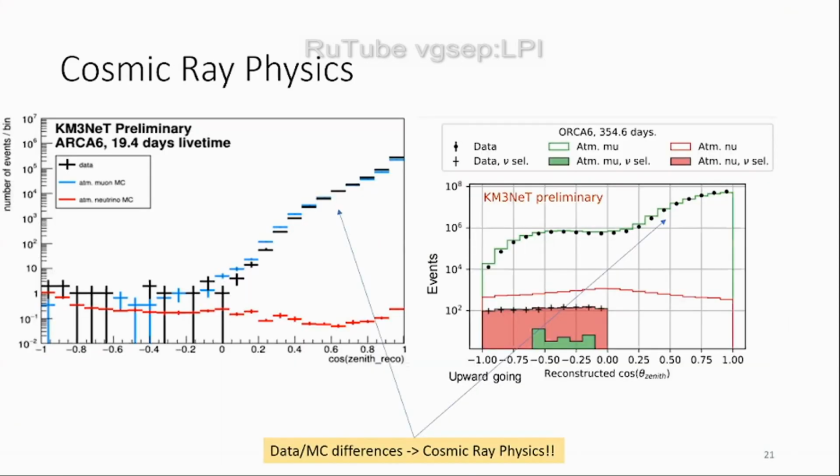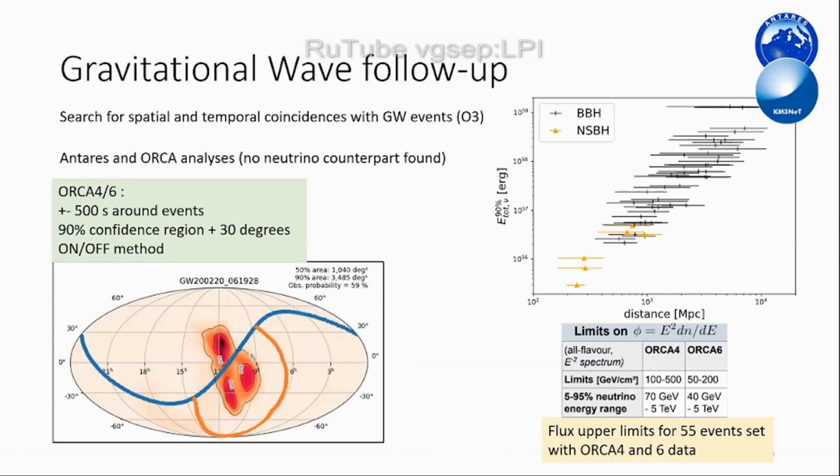One of the subjects, of course, is gravitational wave follow-up. We did this for ANTARES for 2 runs at least. We also did this for KM3NeT. So basically what you do, you have a trigger, and in time and in space around that moment, you start looking for an excess. We typically do this with the on-off method, right?